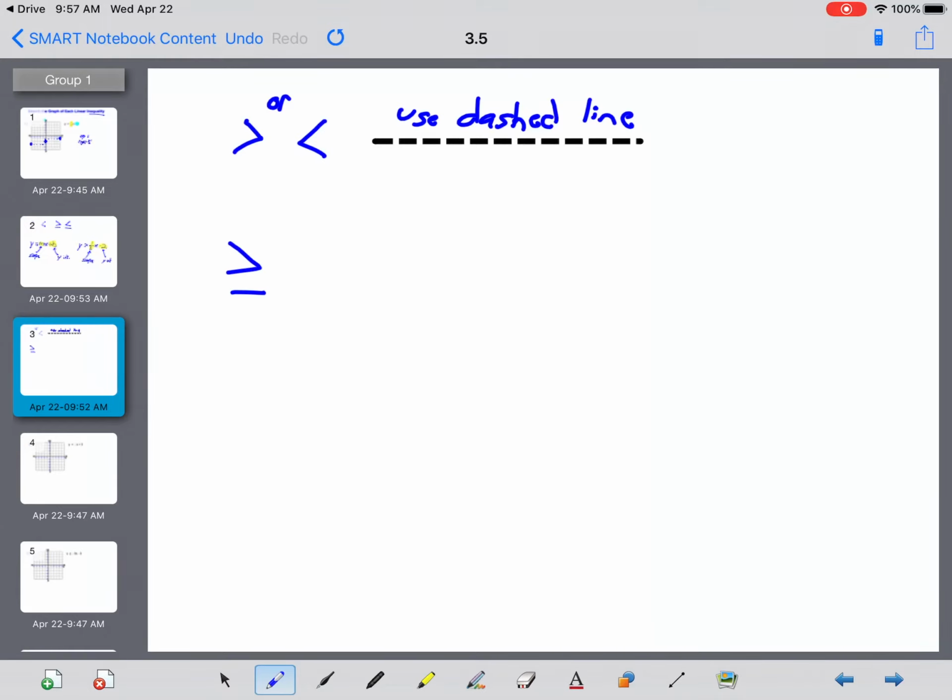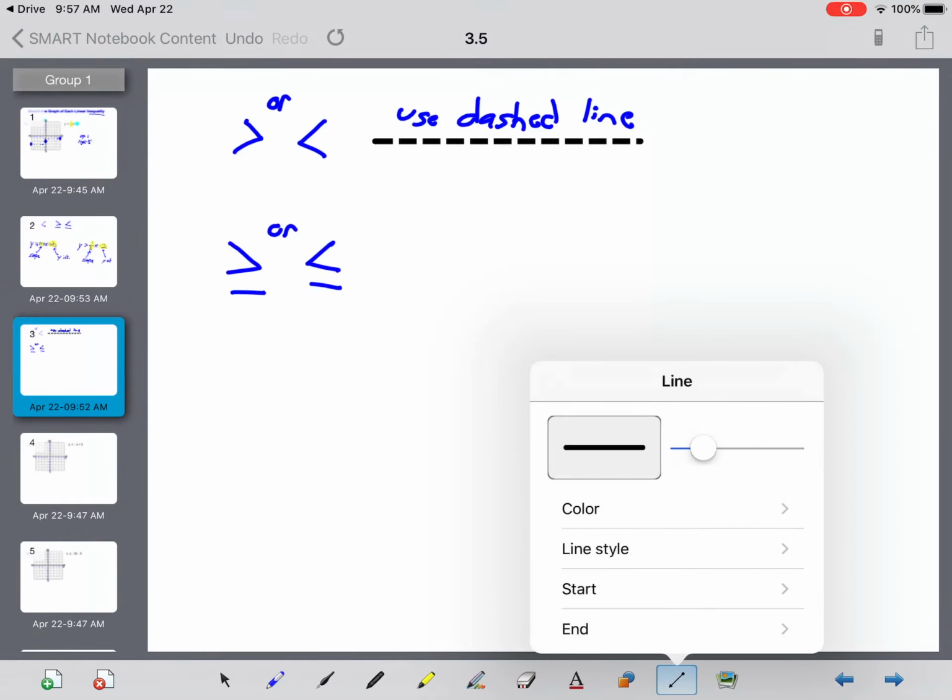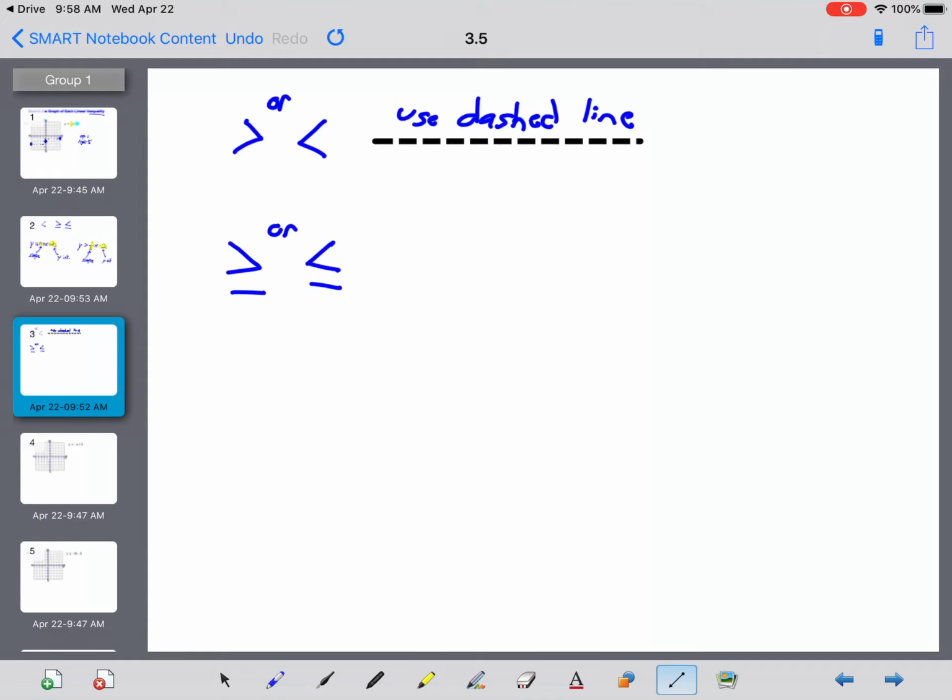Okay. If we have a greater than or equal to symbol, or a less than or equal to symbol, we are going to use a solid line.